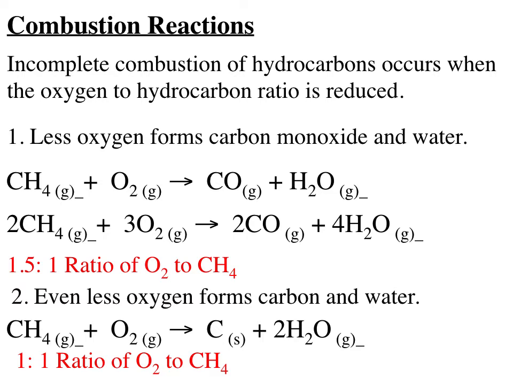So what we will learn then is the maximum oxygen to fuel ratio guarantees that you get complete combustion. Lower ratios of oxygen to fuel means you will get incomplete combustions, and they will be of one or two types.